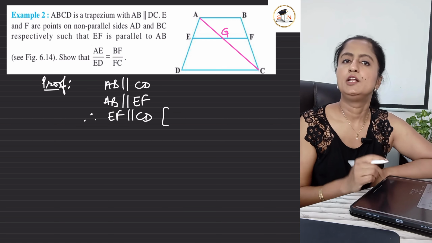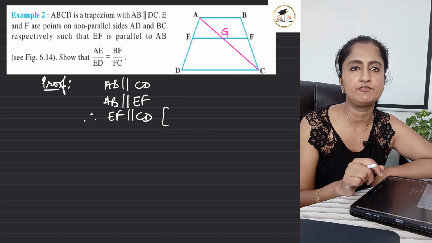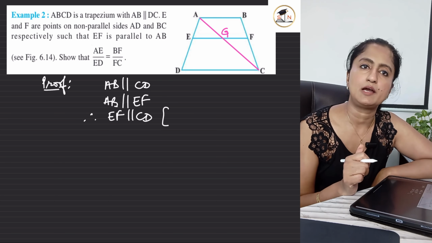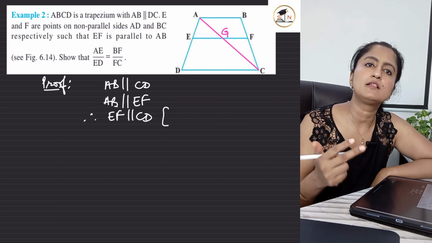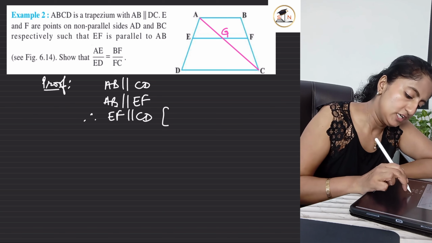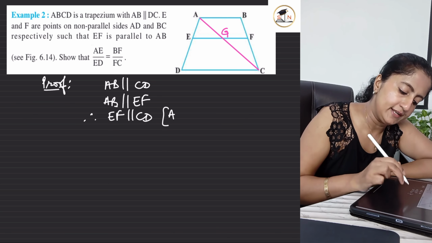Why so? Logically we know, but what is the reason for it? There was a theorem in class 9th, lines and angles chapter, that if a line is parallel to a given pair of lines, then they all are parallel to each other, right? So we need to write that over here.